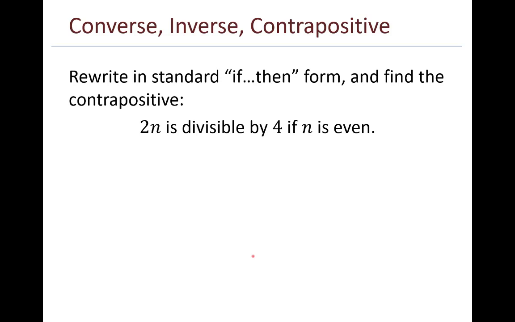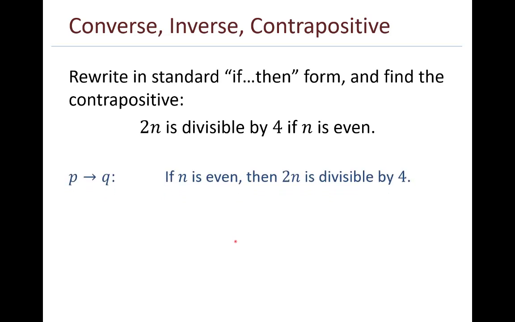Let's take this statement and rewrite it in a standard if-then form, and then we'll find the contrapositive. A lot of times in English, we actually put the if at the end. 2n is divisible by 4 if n is even. But to flip it around, I would just say, if n is even, then 2n is divisible by 4.